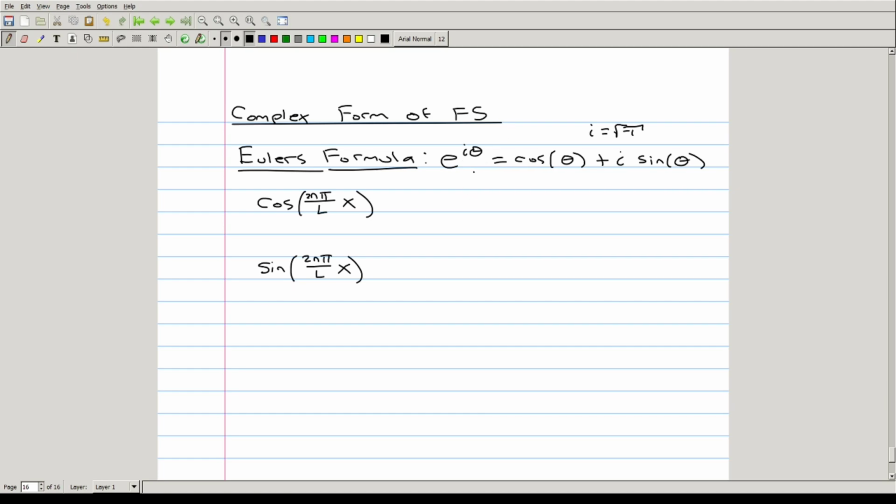Using Euler's formula, we can get that for any theta, cosine of theta is e to the i theta plus e to the negative i theta over 2, and sine of theta will be e to the i theta minus e to the negative i theta over 2i.